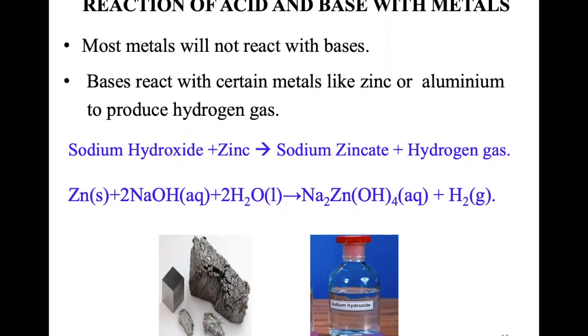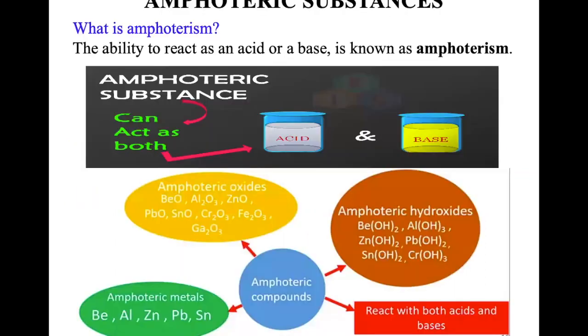I will be explaining what the meaning of amphoteric is. So what is amphoterism? Amphoterism means the ability to react as an acid or a base, and this property is called amphoterism. You can see an amphoteric substance can act as an acid also, and it can behave as a base also.